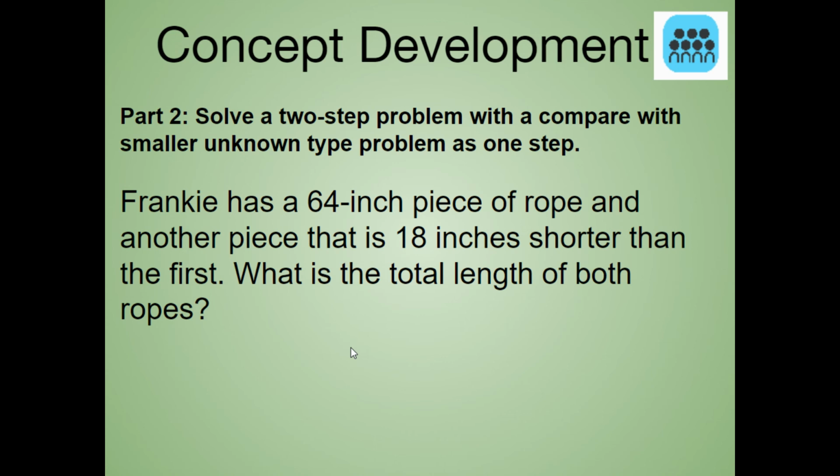All right, welcome back. Did we know how long each rope is? No. We know how long one of the ropes is, and that was 64 inches. We don't know how long the shorter rope is. So our first step is to find out the length of the shorter rope, and then we'll be able to answer the question.